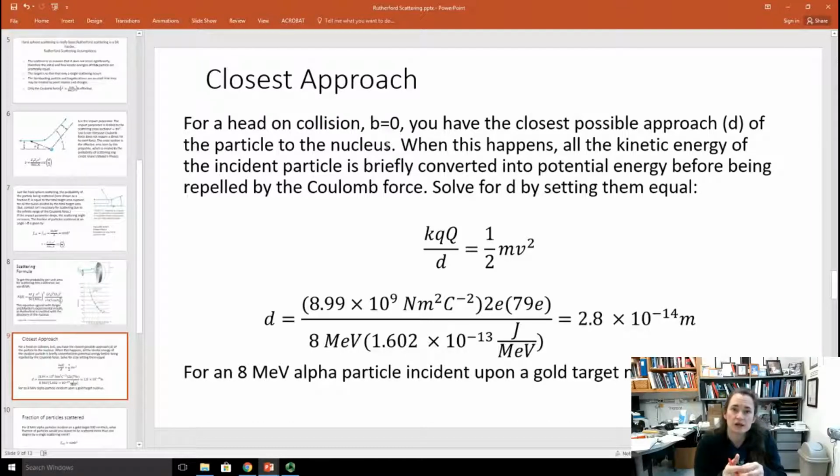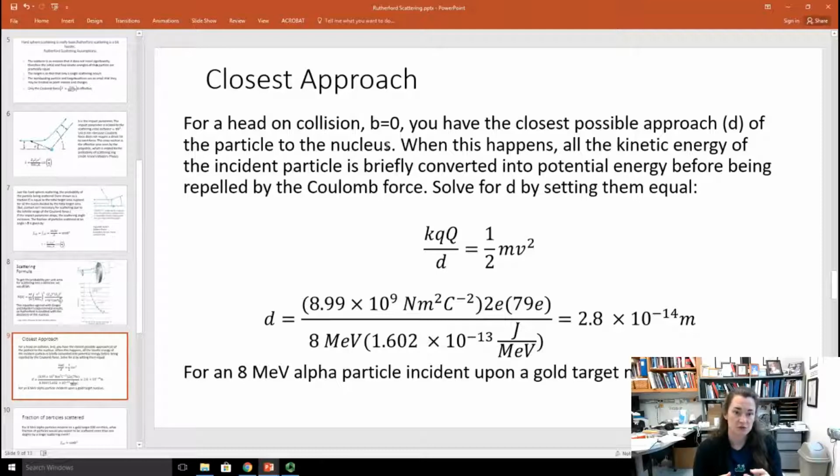What that means is that all its initial kinetic energy has been converted into Coulomb potential energy between your incident and your target nuclei. And that's going to equal the Coulomb constant, 8.99 times 10 to the 9th, times the product of the charges of those two nuclei, little q and big Q, divided by the distance of closest approach, d. So if you set that equal to your kinetic energy, then you can solve for that distance of closest approach.